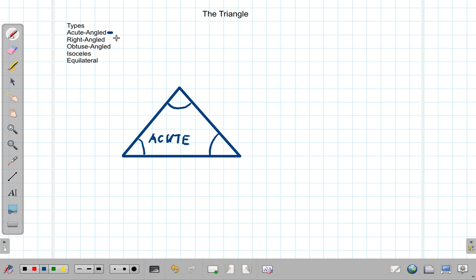Then the other main type of triangle is the right angled triangle. It has one of the angles as a right angle.